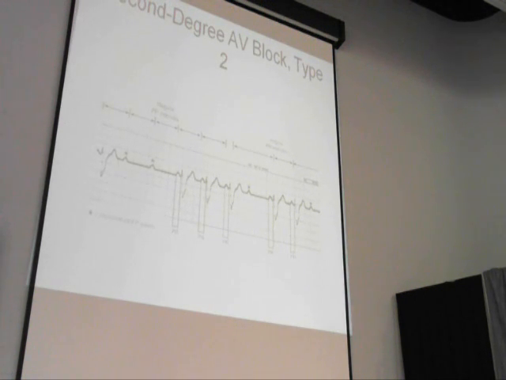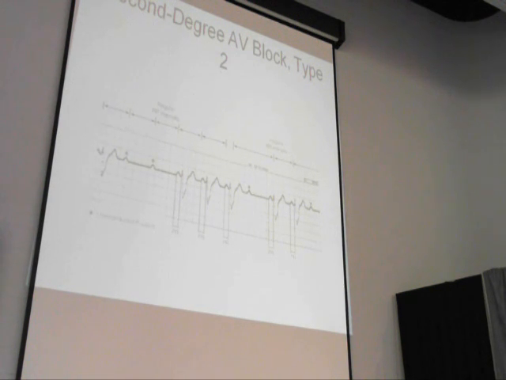Now, what you will notice, there are definitely more P's than QRSs, which is not a good thing. But a PR tip that helps us lock this into our brain and differentiate it from the other: the P waves that do get through, that do have a QRS standing right behind them, have a normal PR interval.